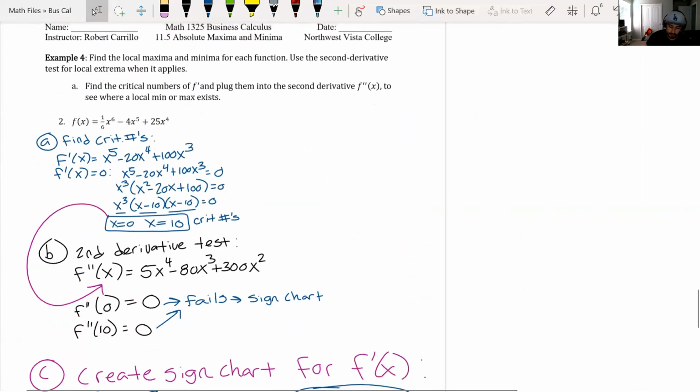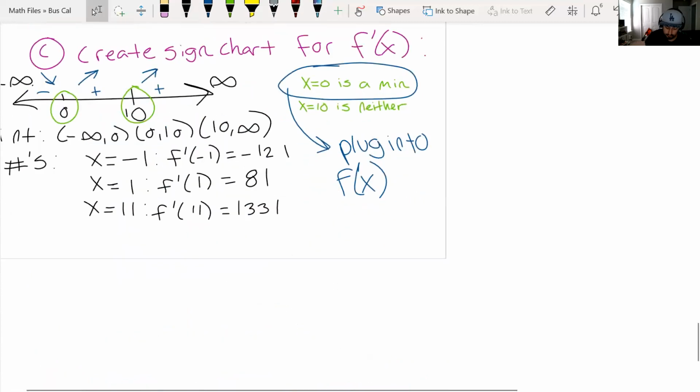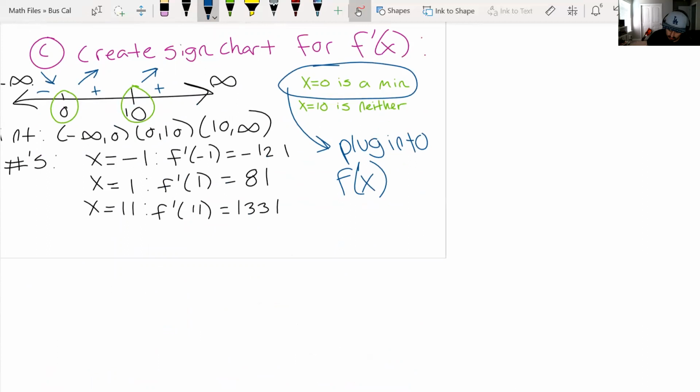If we plug that into the original function, which is up here, if you plugged in 0, all of that would become 0. That means our local min's at 0, 0. Huh. So I could say that. There it is.